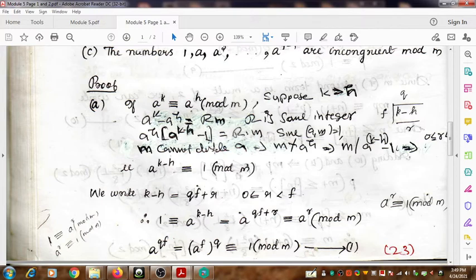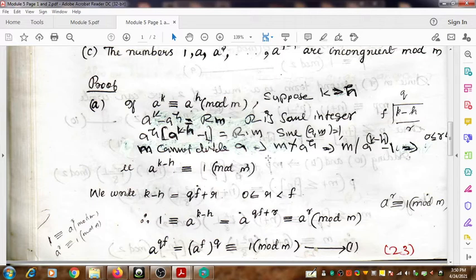And since we know that the GCD of a and m equals 1, there is no number which can divide both of these numbers, and that means m cannot divide a. If GCD of a and m equals 1, then m cannot divide a.